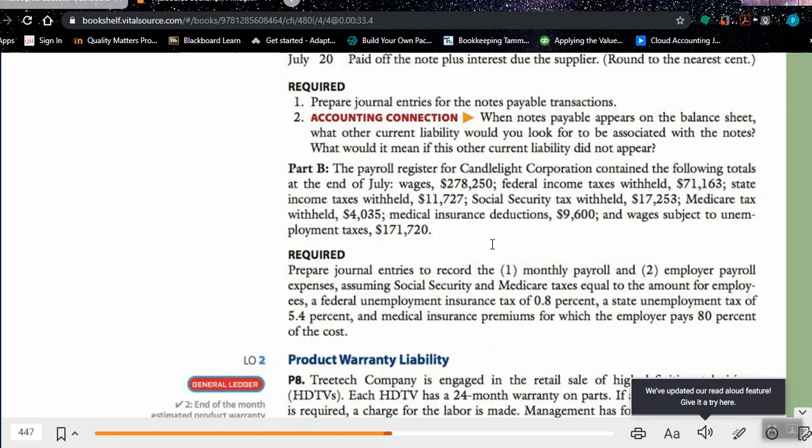However, only employers are responsible for federal unemployment tax and state unemployment tax, whereas the employees are responsible for federal income tax and state income tax and any medical insurance premiums that they're responsible for.